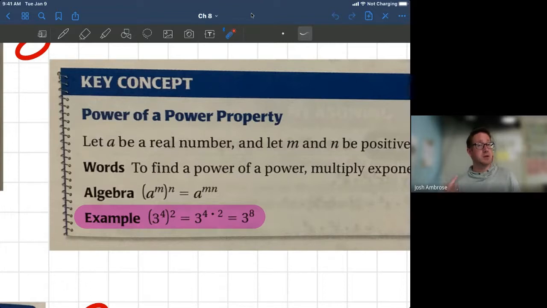One of the clues you should see is you're only dealing with one base, but two exponents. Then you will be multiplying those exponents, and 4 times 2 is what gave us 8. And like I said prior, you could go one step further and figure out what 3 to the 8th power is, but that's fine. You don't need to in this case.